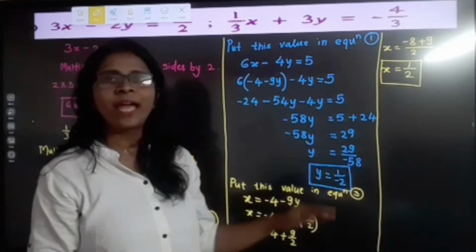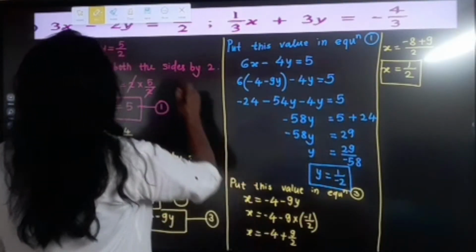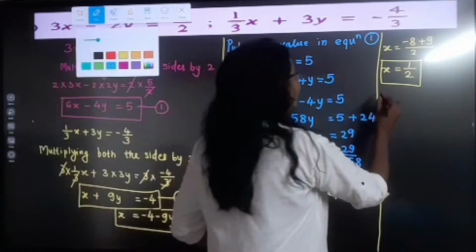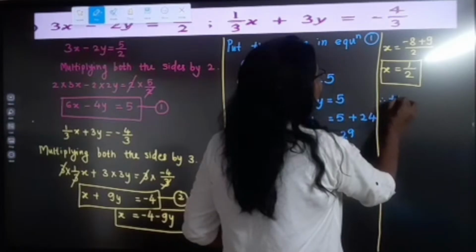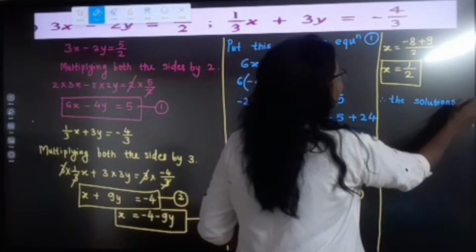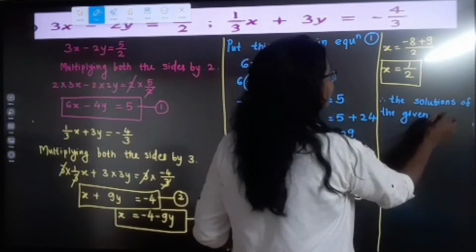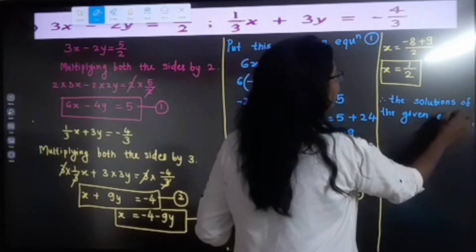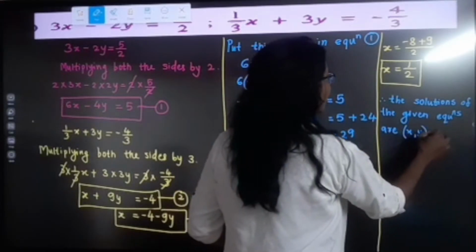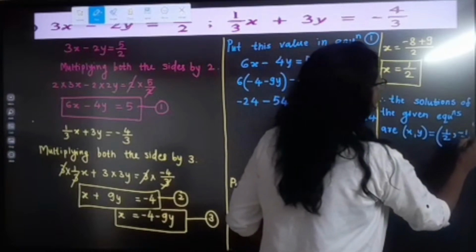Now students, we have the two values of x and y. Okay, so our last step is that we write down: therefore the solutions of the given equations are x, y is equal to 1 upon 2, minus 1 upon 2.